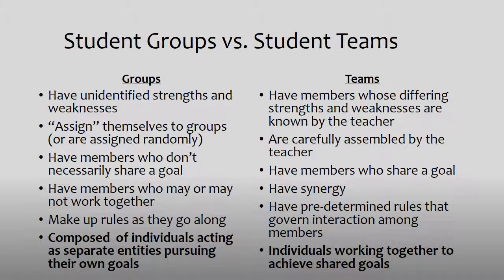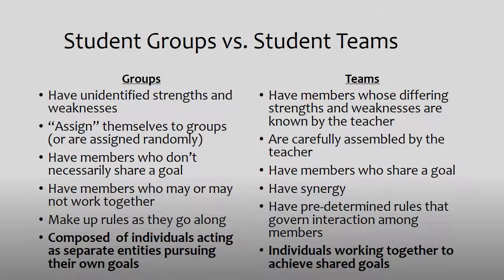Groups sometimes have members who do not necessarily share the same goal while completing an activity. Groups have members who may or may not work together and who make up rules as they go along. Overall, groups are composed of individuals acting as separate entities pursuing their own goals.